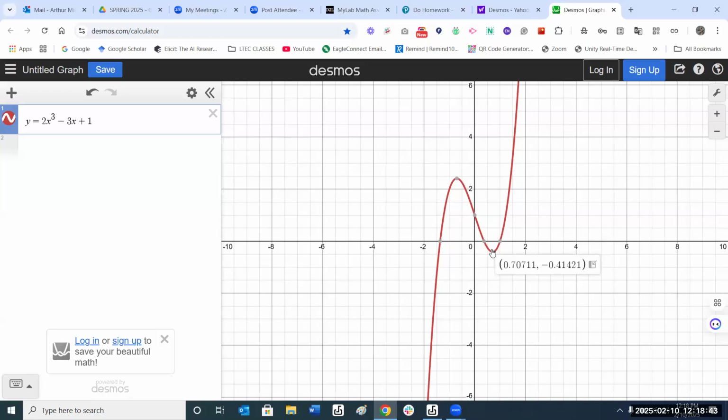It is a reflection, but it's also shifted up one space, which is that +1. So it has no absolutes, and we have those two local extrema.